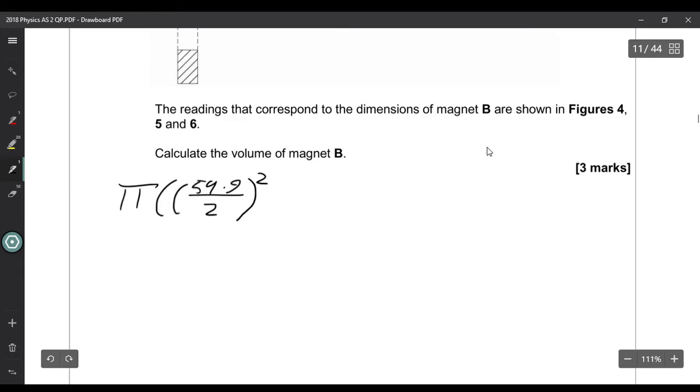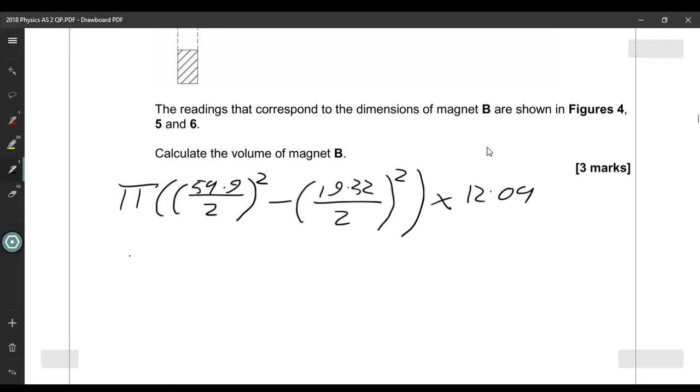So this takes into account the area of the external diameter, and we're going to subtract the area of the internal disk that is missing, and because we've already got pi out of the bracket, we can just do 19.32, and again divide this by 2 because it's a diameter squared, and we multiply that by the thickness of the disk, which is 12.09.